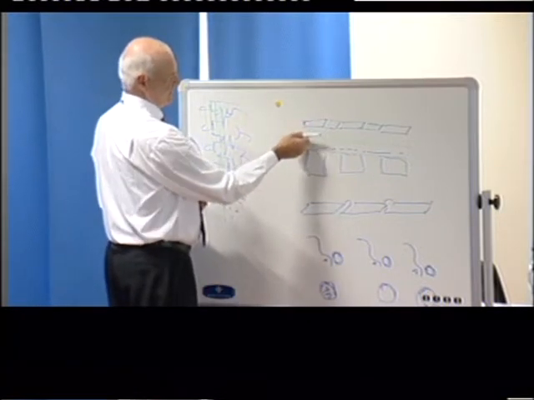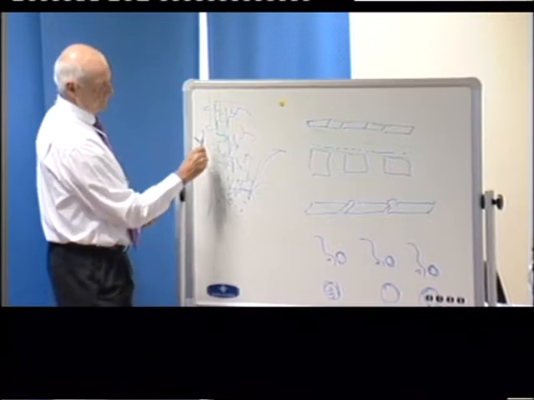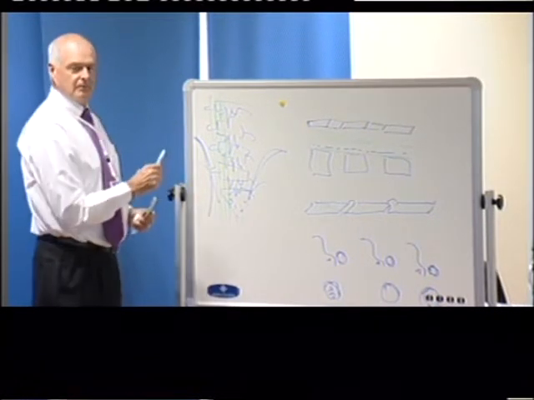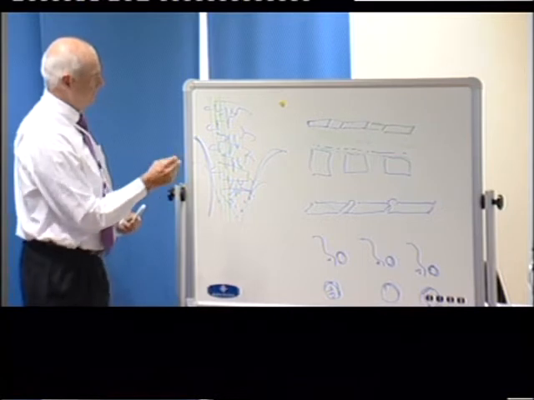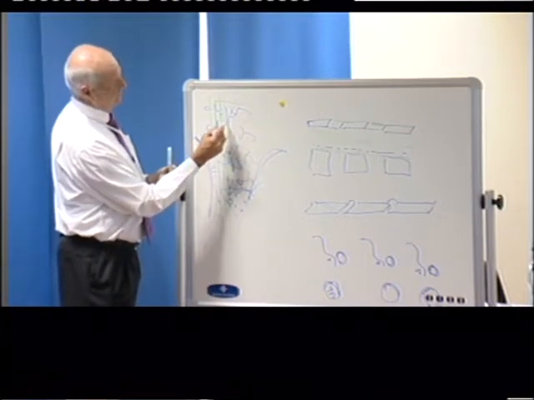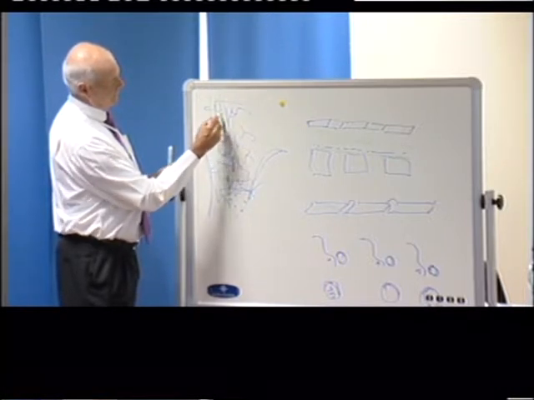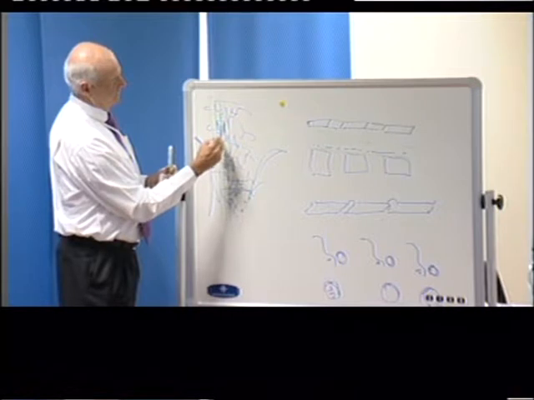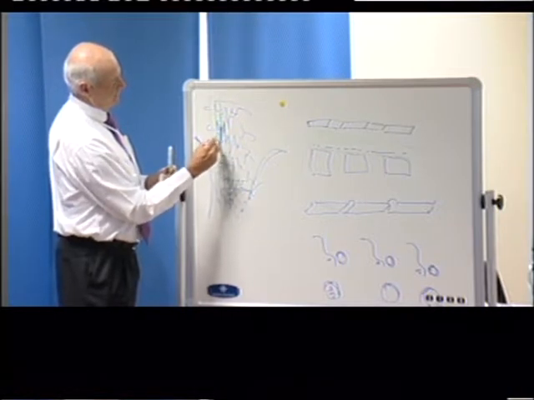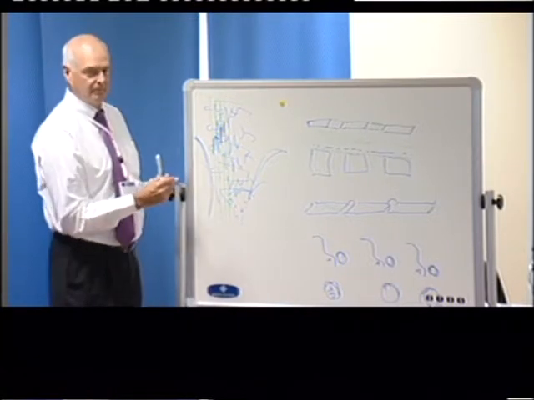So lamina, spinal canal, to facet, to nerve root, to transverse process. Okay. So this will be the lamina, and then these will be the facets, and then this will be the nerve root, and then this will be the transverse process. Chiaro, no? Okay?